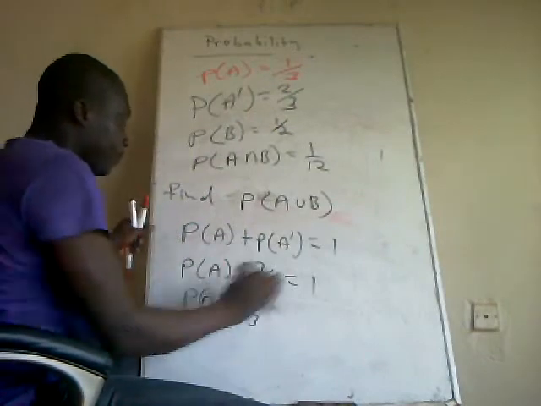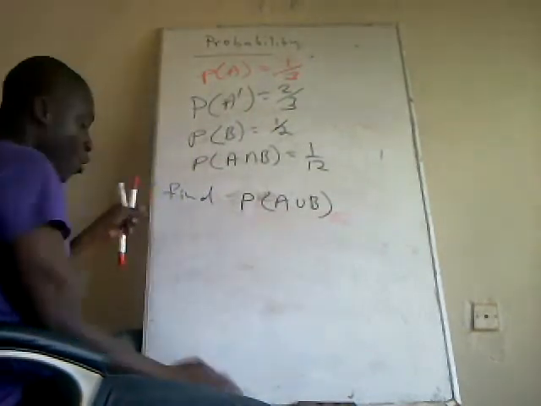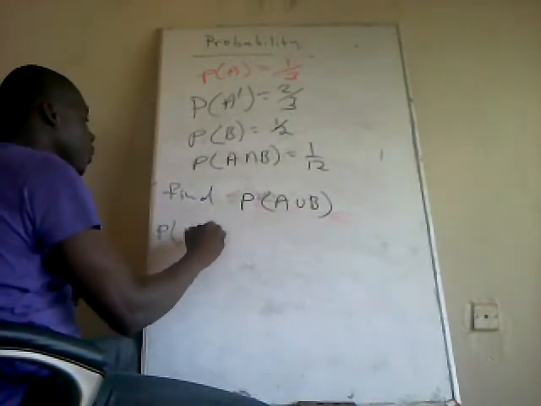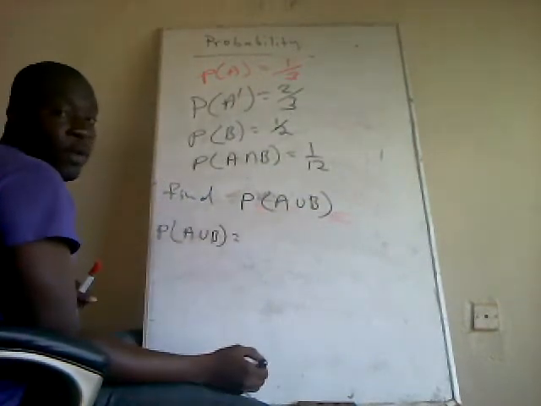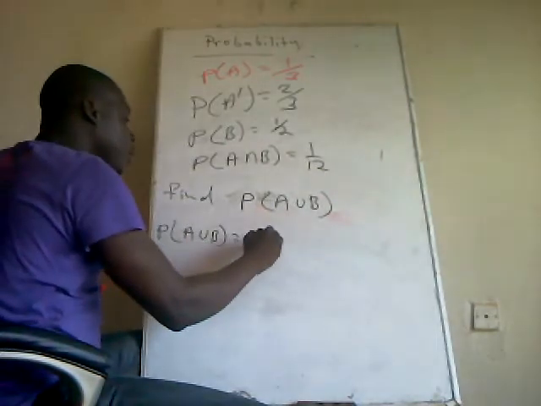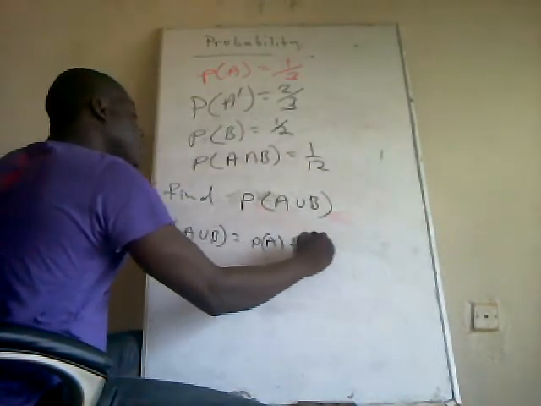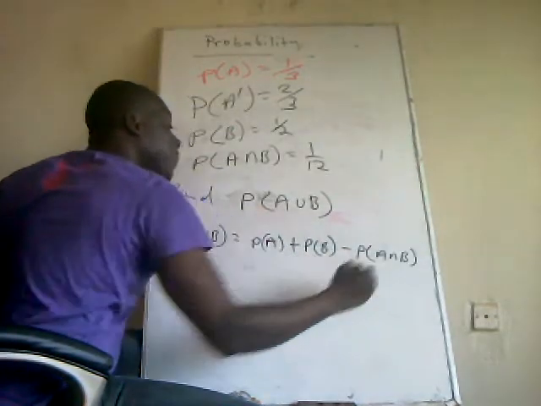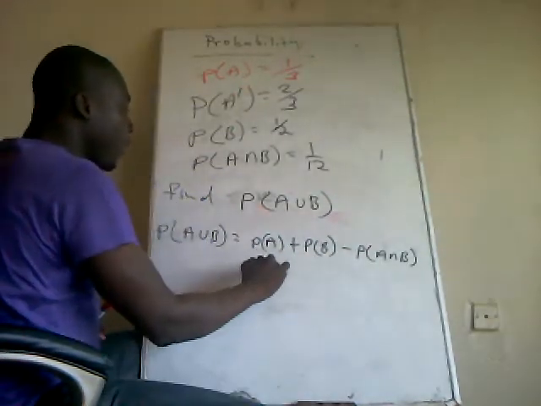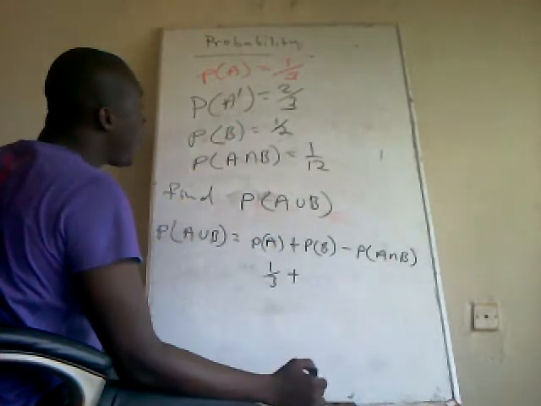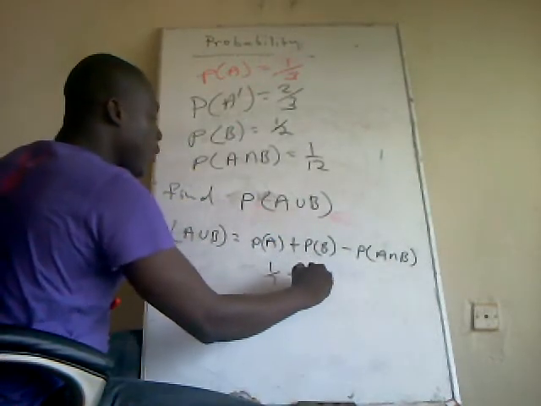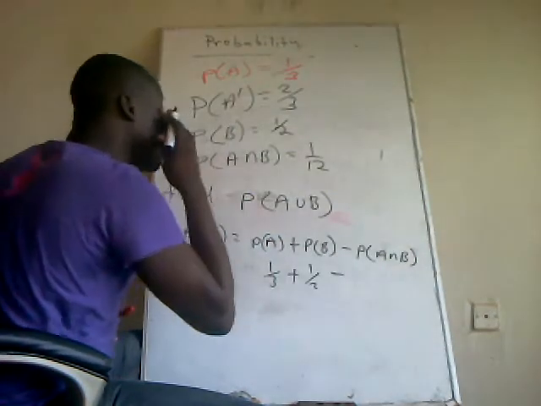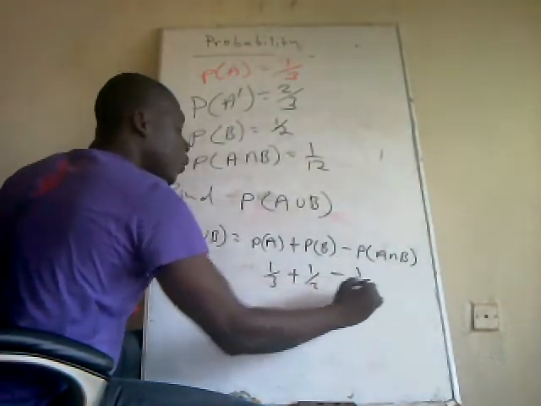So I'm done. Now what is probability of A union B? We say probability of A union B is the probability of A plus the probability of B minus the probability of A intersection B. Probability of A we found to be 1 over 3, plus probability of B, which is given in the question, 1 over 2, minus probability of A intersection B, which is 1 over 12.